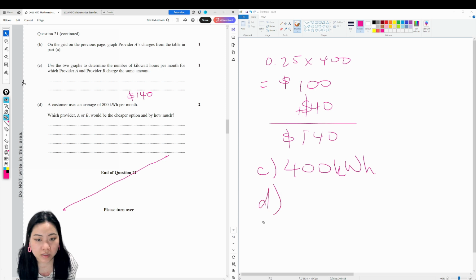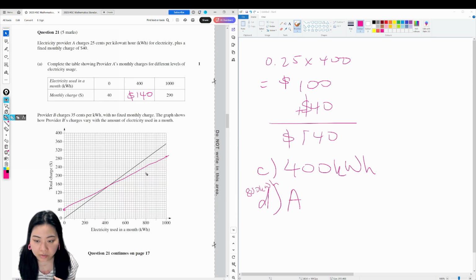Now D, a customer uses an average of 800 kilowatt hours per month. Which provider would be cheaper, and by how much? Well, provider A is going to be cheaper at 800 kilowatt hours, right? And by how much? At 800, I'm going to assume it's supposed to go through $240.